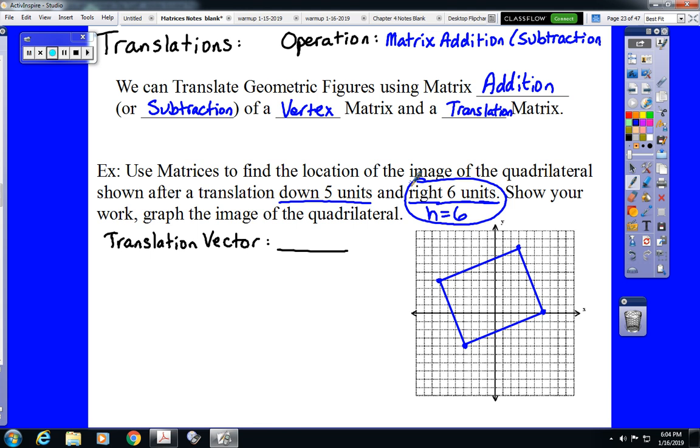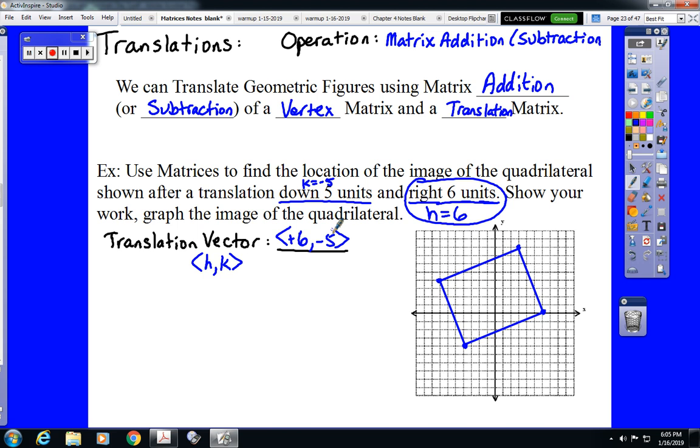The K value, since we're moving down 5 units, K would be negative 5. So if we were writing this as a vector, our translation vector, which is always listed HK, would be positive 6, negative 5. That tells us to move the image right 6 and down 5.